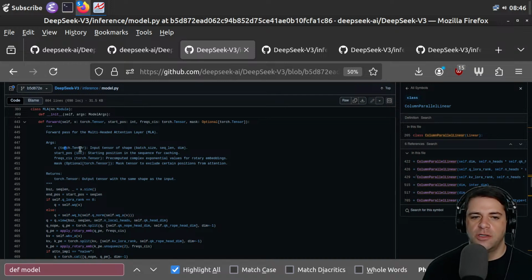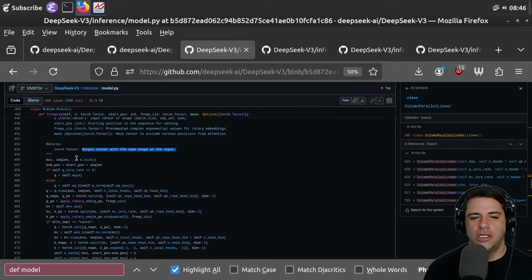We have the input tensor, the start position, and the sequence for caching. And then this freqs_cis. I think these are the complex exponentials for the rotary embeddings, and then the optional mask again. And then we're going to return an output tensor with the same shape as the input.